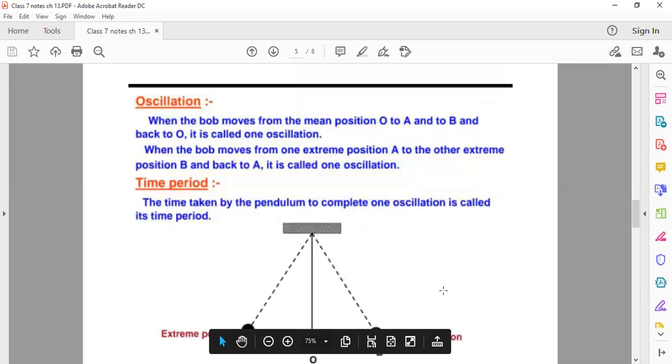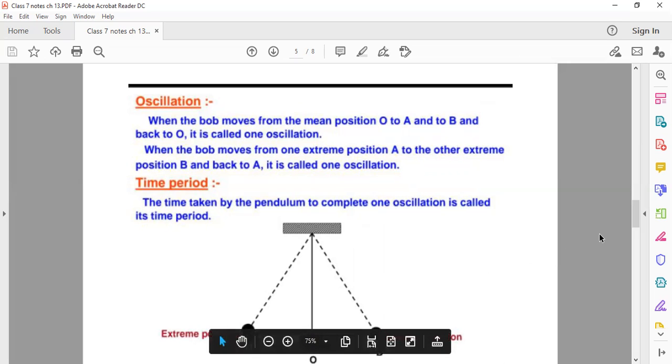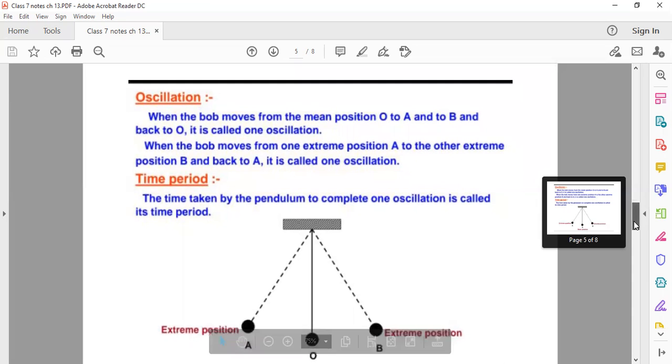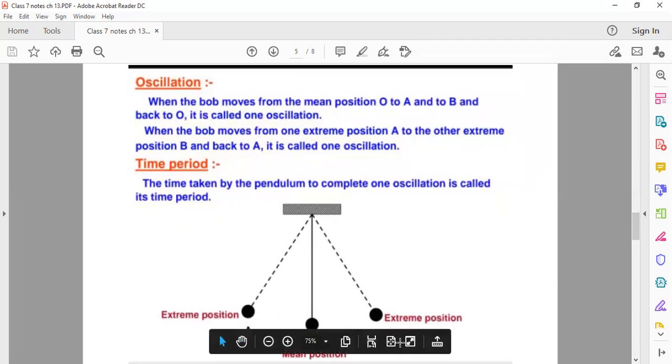Next, let's discuss in detail what oscillation means. The center position O is known as the mean position.